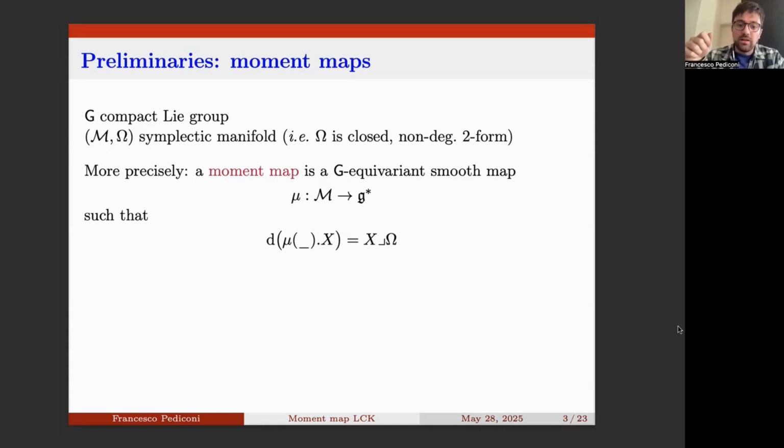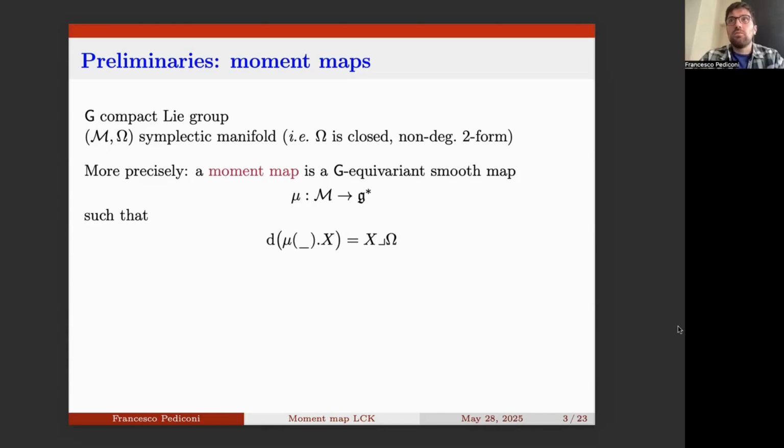Whenever you pair mu against a vector field X in the Lie algebra, you get a function which is precisely the Hamiltonian potential of the vector field X. So the differential gives you the one-form obtained by contraction with X.